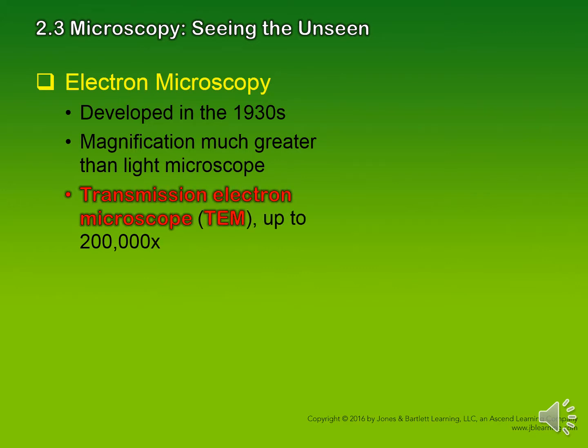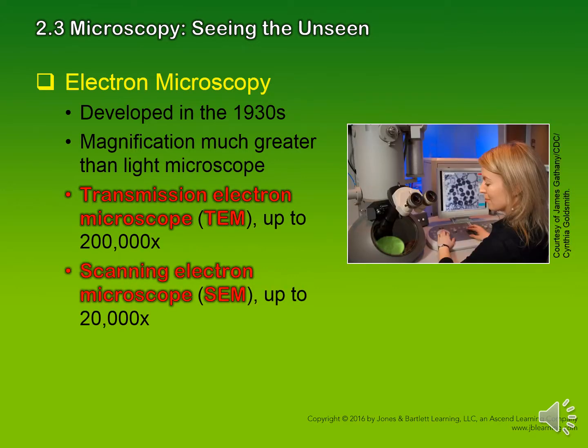Okay, and there are two types of electron microscopes: the transmission electron microscope, the TEM, which can get to about 200,000 times the size of the actual object. And then a scanning electron microscope, an SEM, is about 20,000 times.